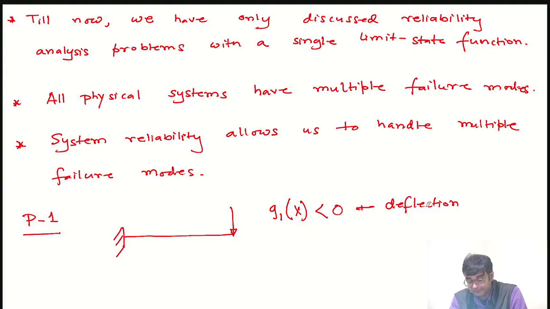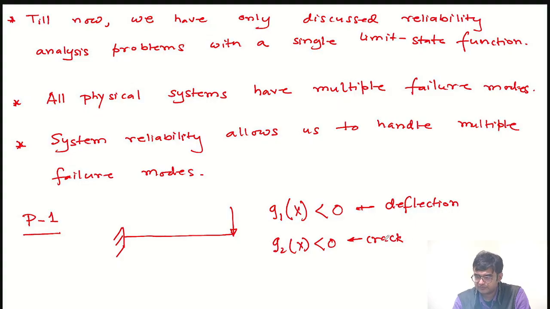Crack formation, how will you write something for crack formation? Let's write G2(x) less than 0 denotes crack, but how will you do that? How will you define it?